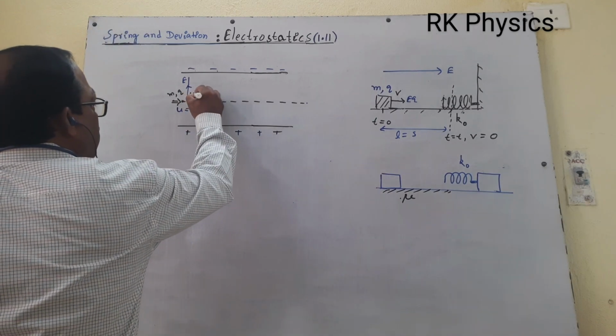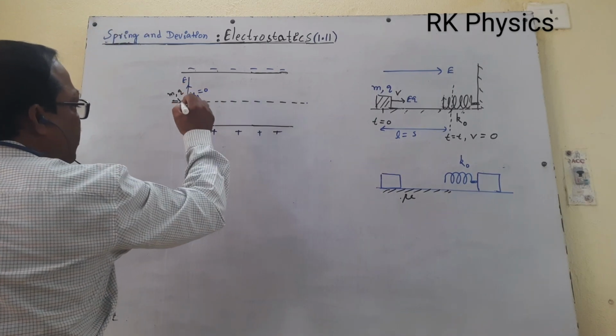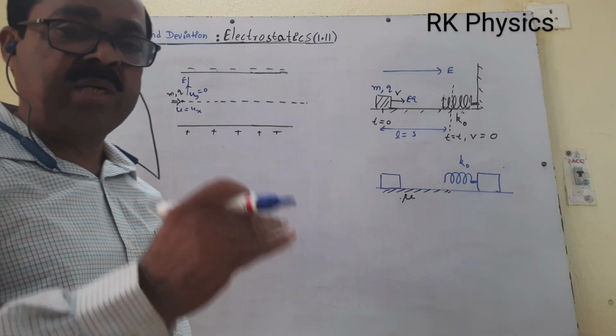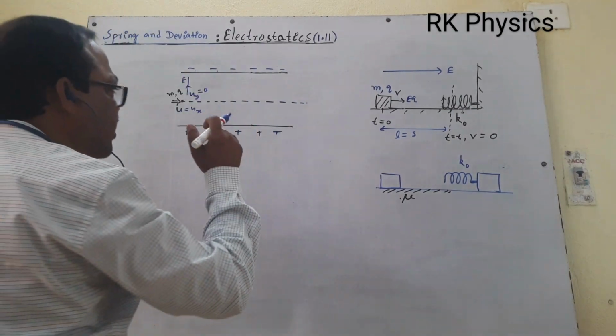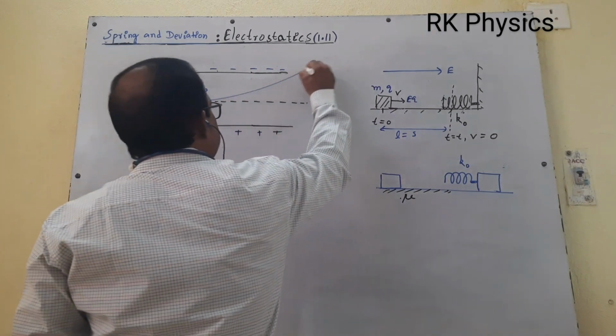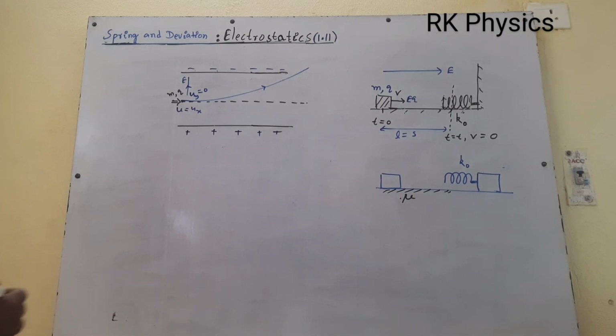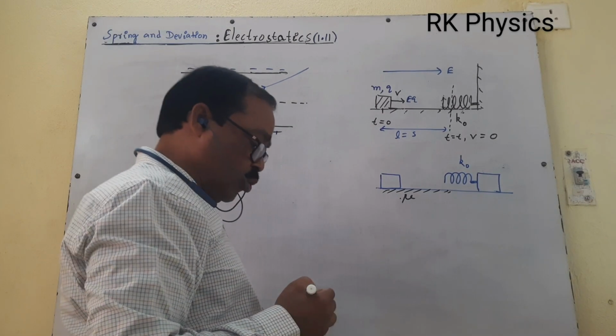That means uy is 0, and when the force is perpendicular to the motion, the path is parabolic. The path is a trajectory, and the charged particle describes this type of motion in the electric field.